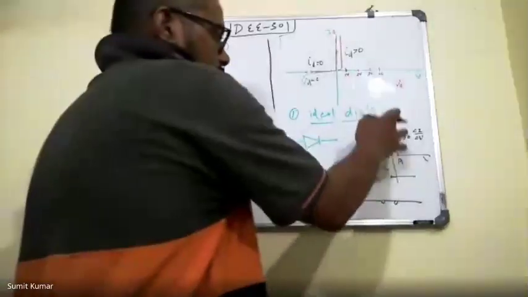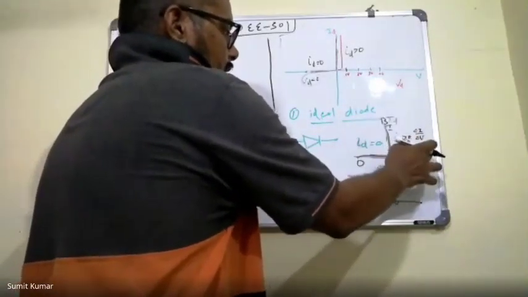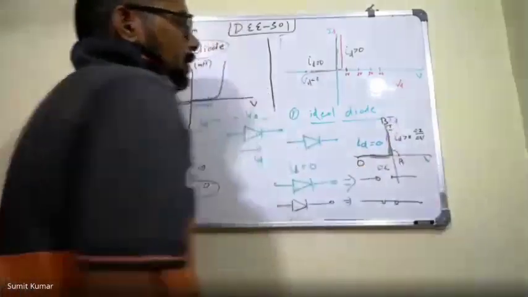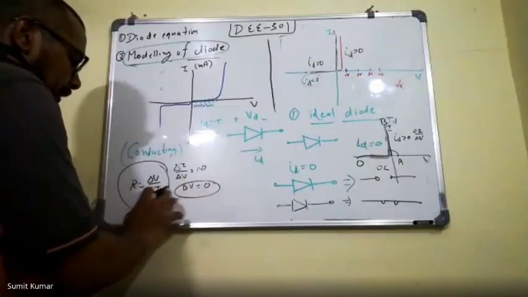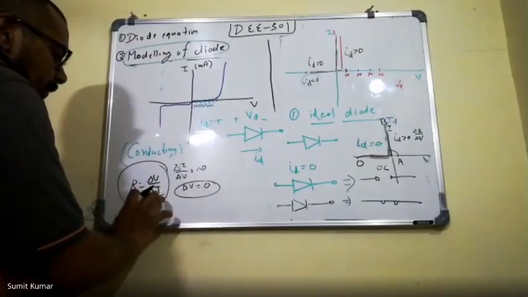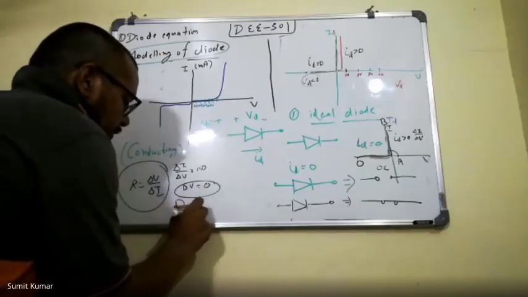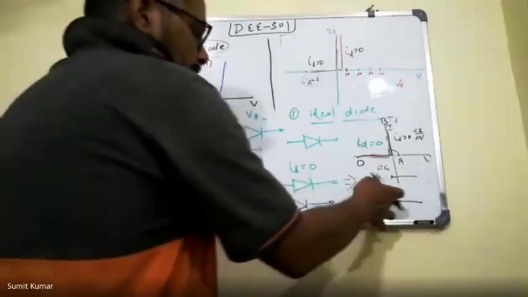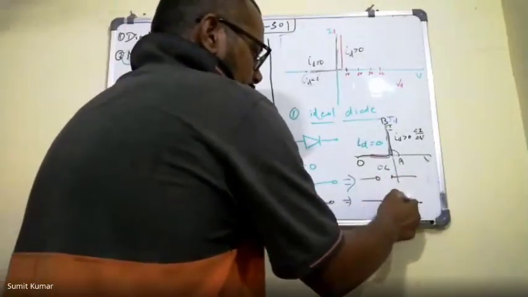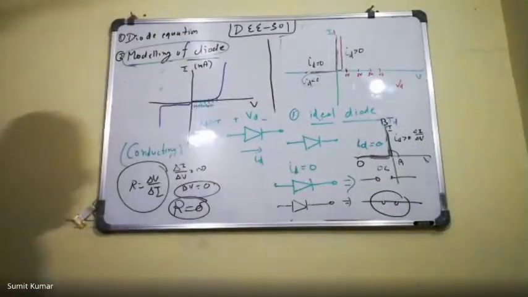In terms of change in quantities on the y-axis and x-axis, we write delta I over delta V, which is infinity. Then R equal to delta V over delta I will be equal to 0. So the resistance of the device is almost 0, and we can treat it as a simple wire, because for a wire the resistance is almost 0.